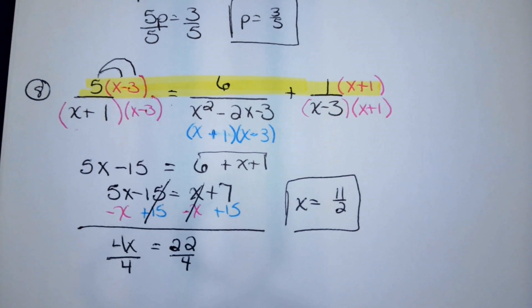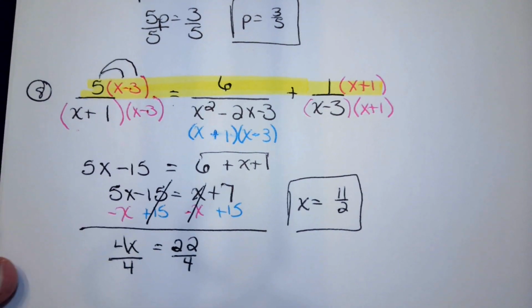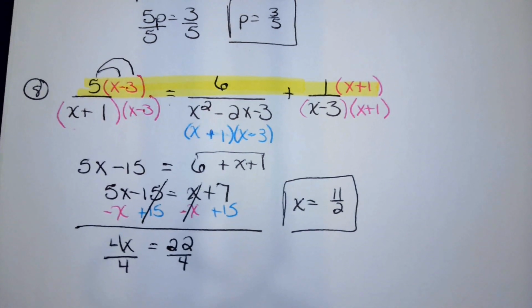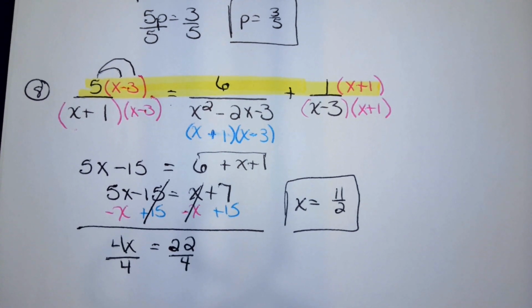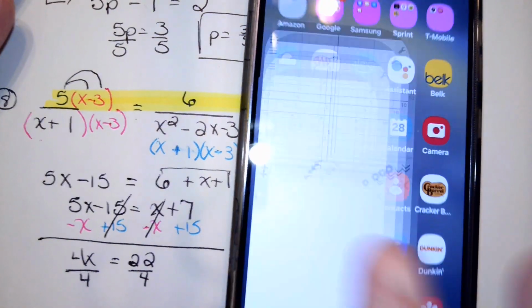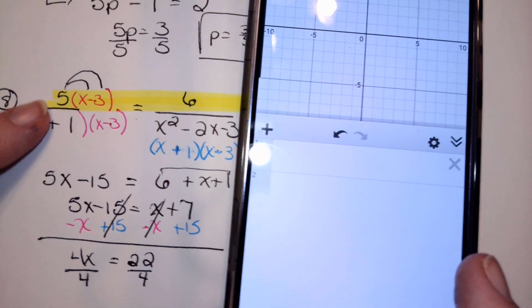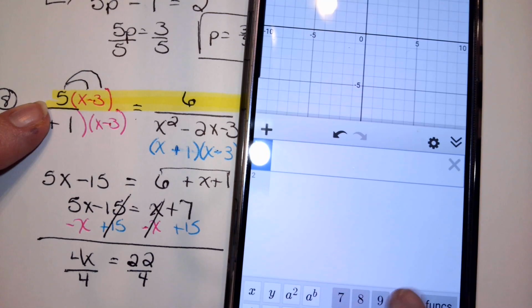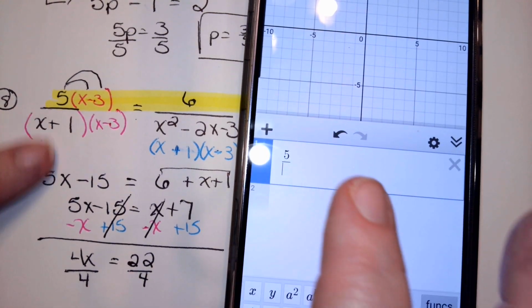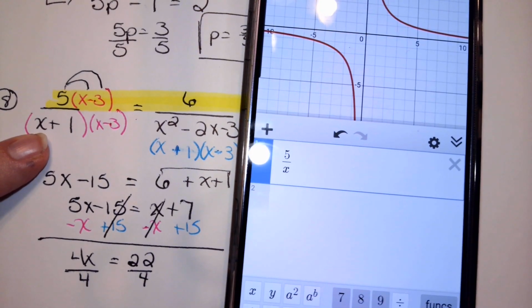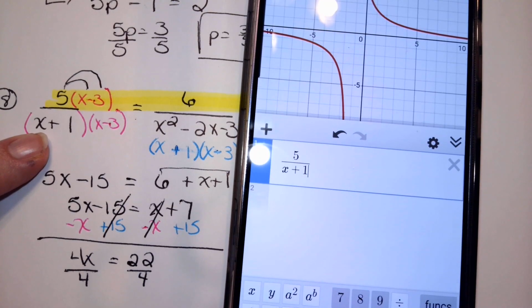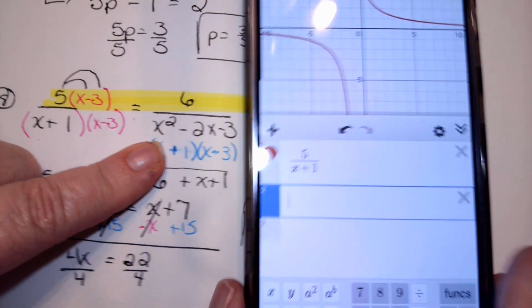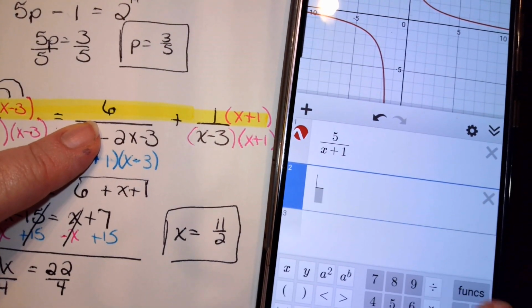And again, if you can just completely forget how to solve it, or you simply want to verify your solution, you can go to Desmos and do left side, right side of the original problem. So my original problem here on the left side is 5 divided by x plus 1.